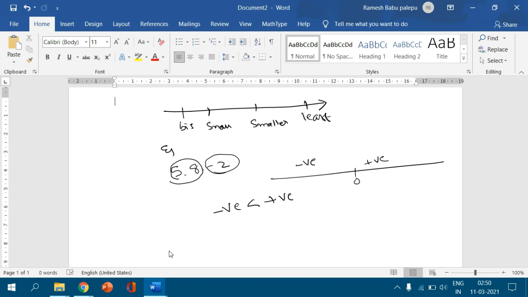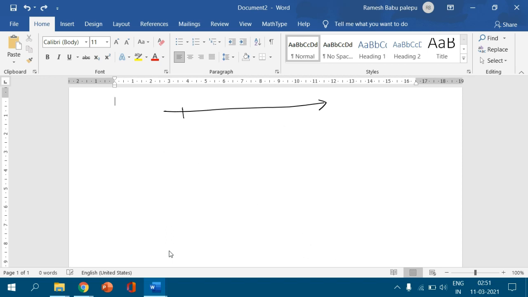But we are writing in decreasing order, so we consider the positive numbers first. 8 is bigger than 5. So 8 is first, then the lesser number 5, and then the lesser number minus 2. When we go from left to right, the values are decreasing. That means 8 greater than 5 greater than minus 2. So this is the descending order of the given numbers. Okay friends, I will clear this one and solve the next problem.